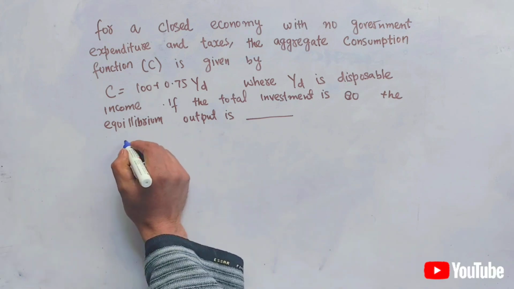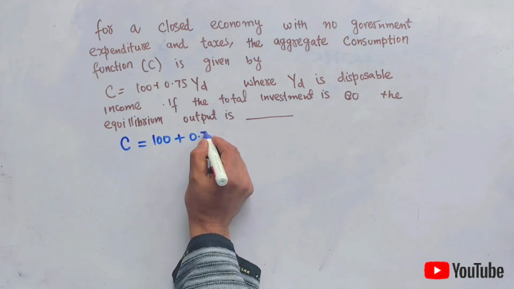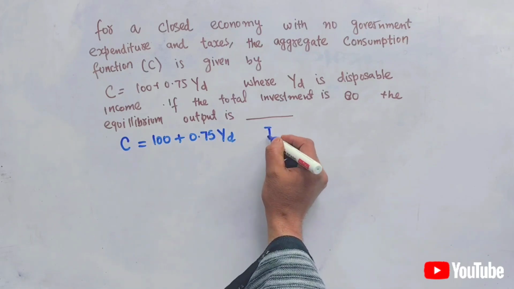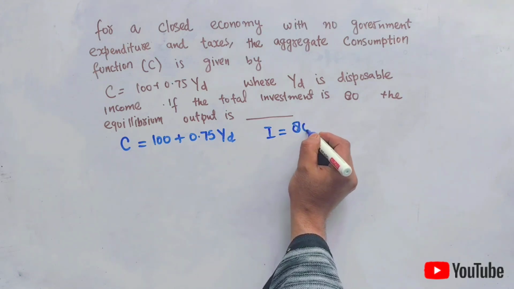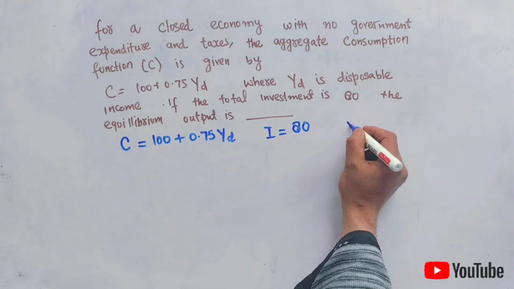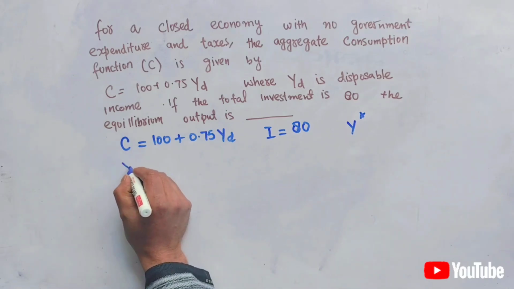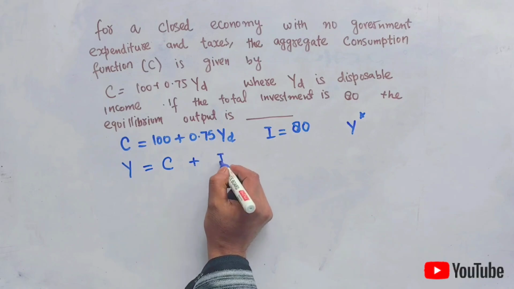Okay, so we have the consumption function C is equal to 100 plus 0.75 YD. Investment is being given, that is equal to 80 here. We are supposed to find out the equilibrium level of output. Okay, so we know that at equilibrium our Y should be equal to the consumption expenditure plus investment expenditure.